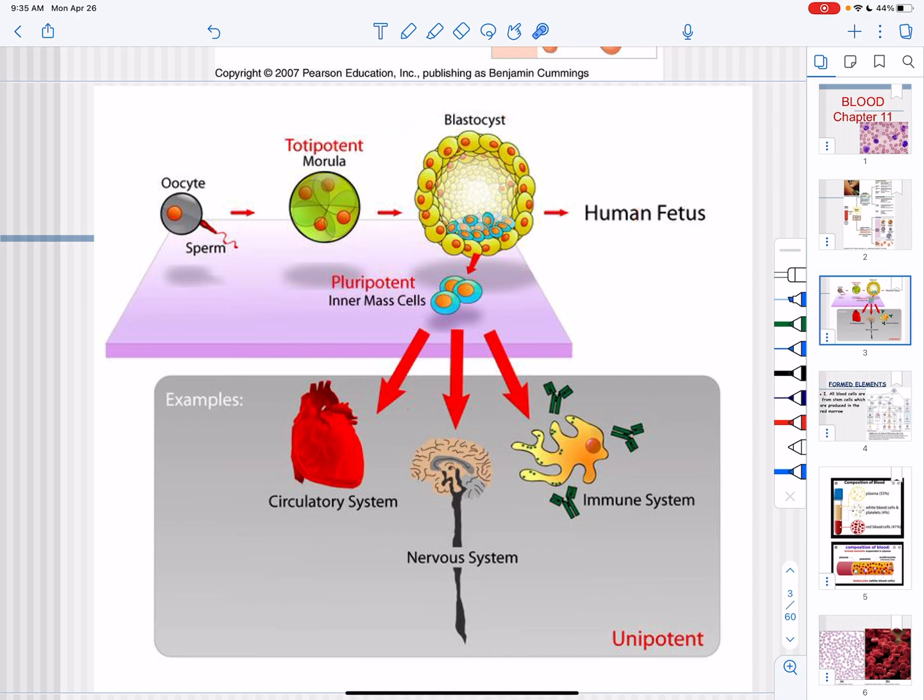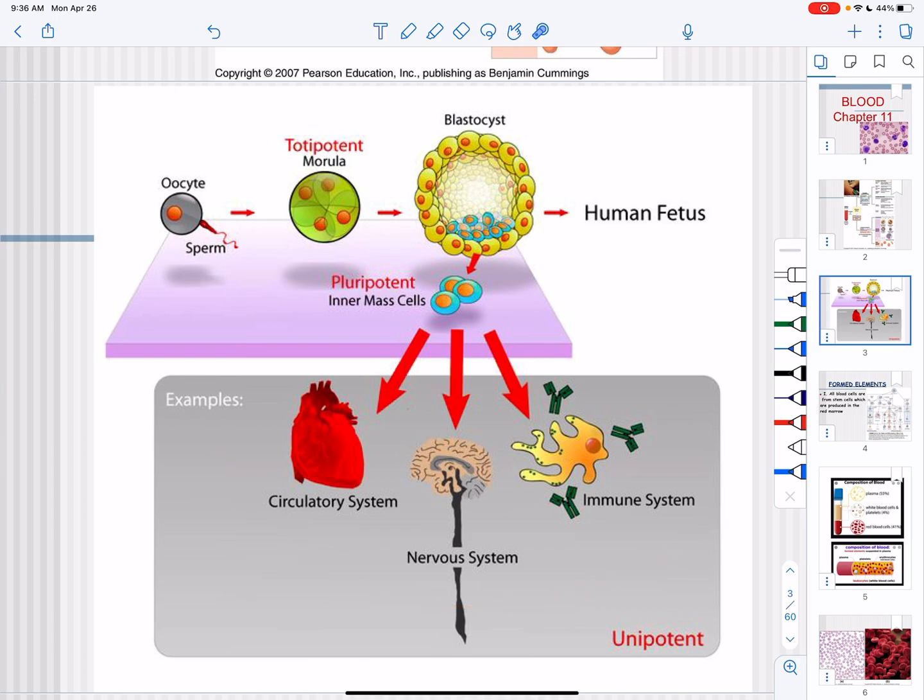And in that blastocyst, you have pluripotent inner mass cells. And those cells can differentiate and become any part of our different systems. So pluripotent means that they can go into any of our tissues.